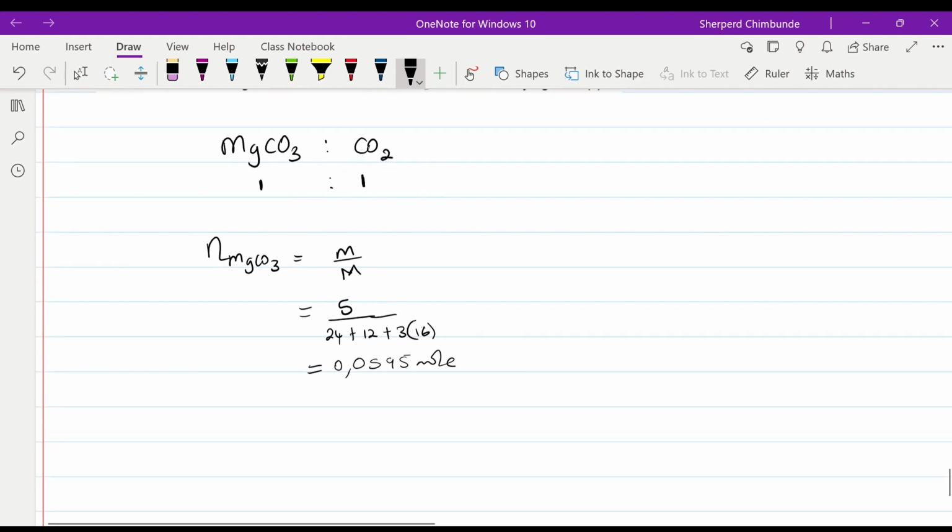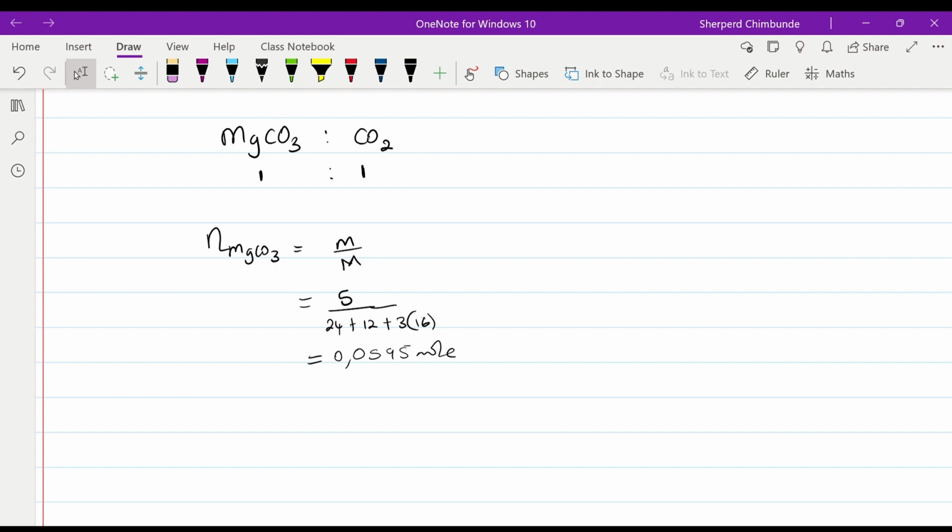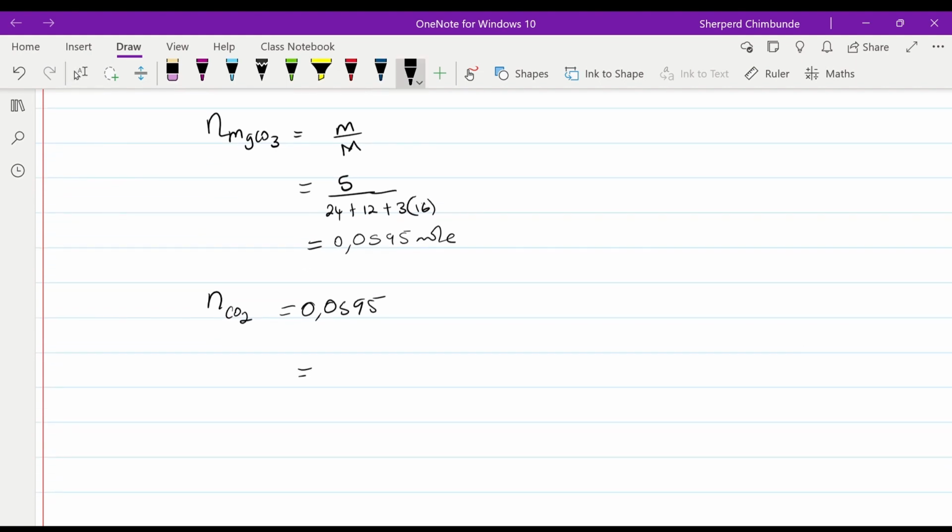moles, like that. That means the number of moles of carbon dioxide that will be produced is equal to 0.0595. Then we calculate the mass of the carbon dioxide, which is going to be 0.0595 times the molar mass, and the molar mass of carbon dioxide is 12 plus 32, that's 44.